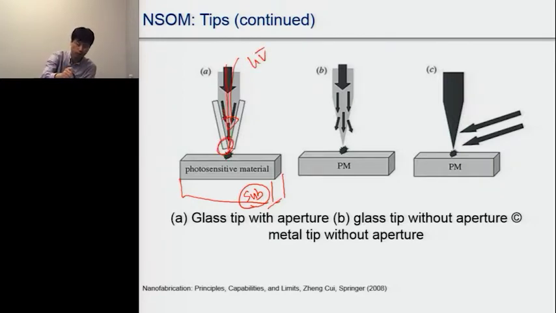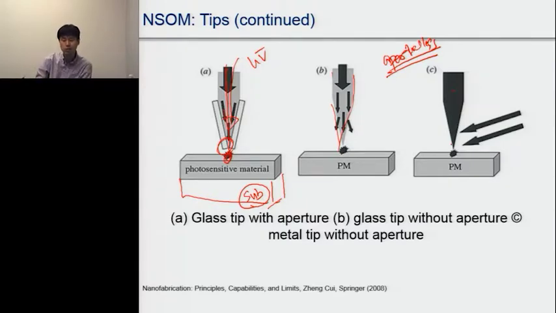So we have a very small spot on the photoresist, which minimizes the diffraction issues. When we use apertureless tips, there are two different types: one is just a transparent tip or a metal tip. Both of them are apertureless.